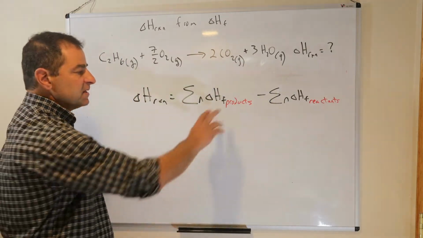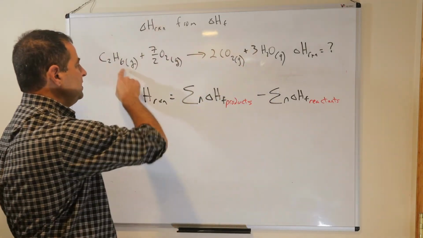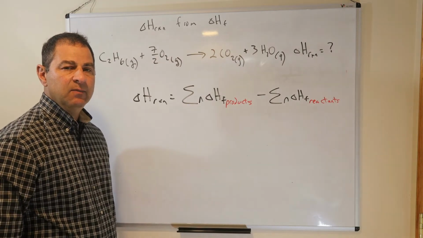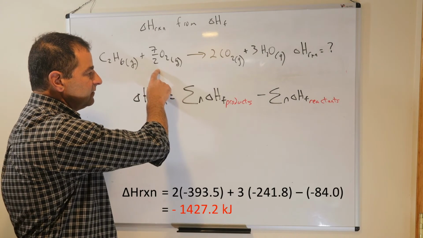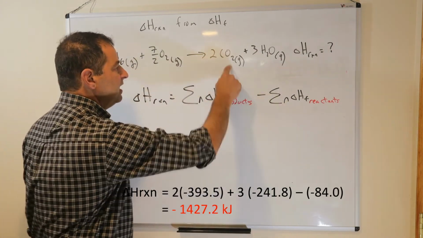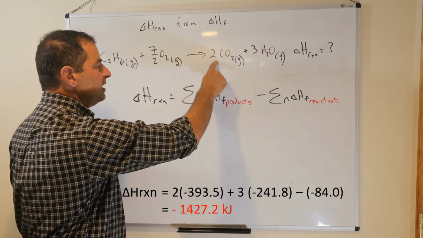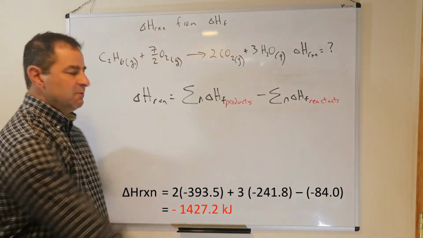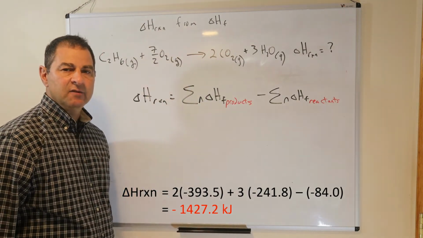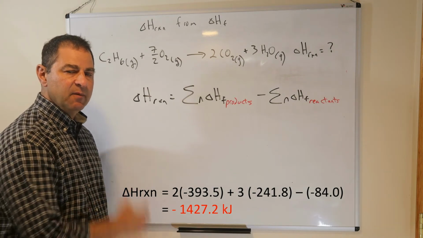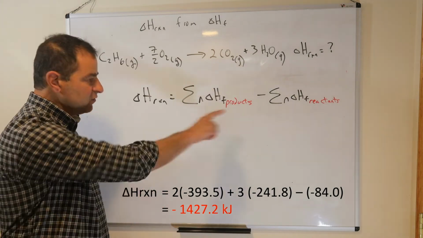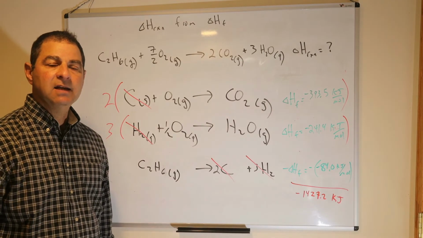We can always do this just by simply looking up the numbers for these values in the table. Understanding once again, this is a 0. So we're going to add these two together to be here, add these two together to be here, making sure to multiply by the coefficients, and we'll come up with an answer of the heat of reaction. We don't have to do the whole Hess's law thing to come up with this result. Just know this equation. Another way to get heat of reaction.